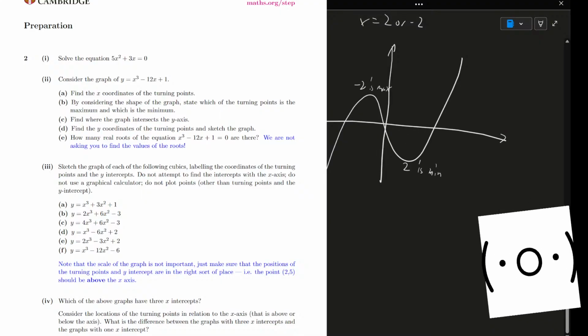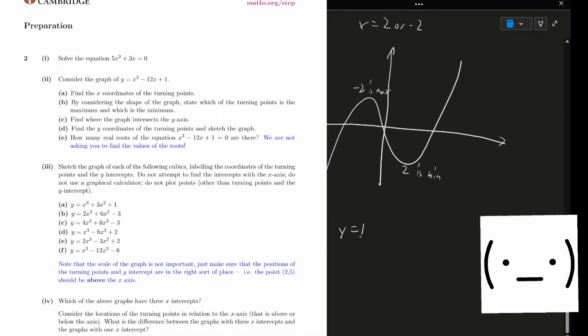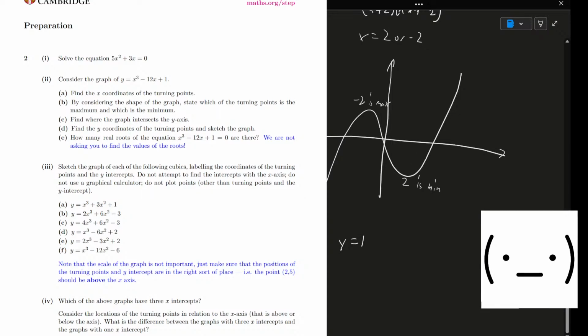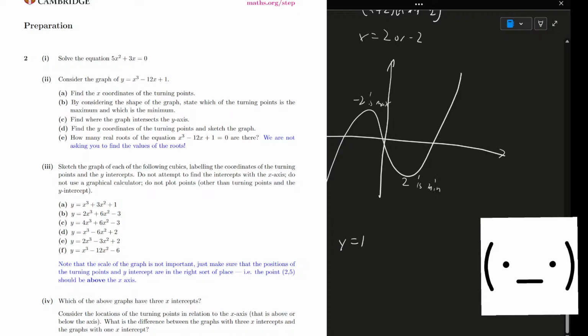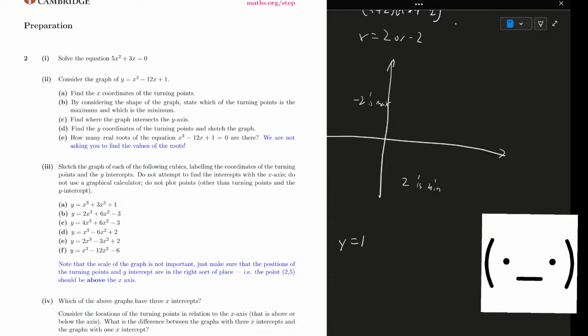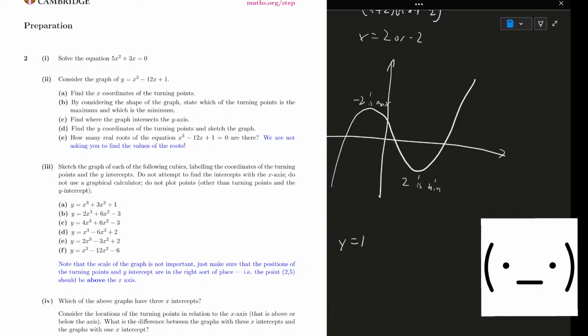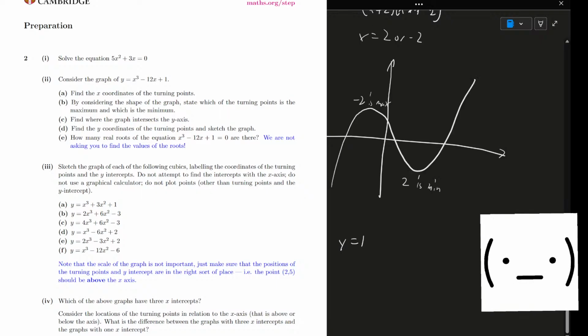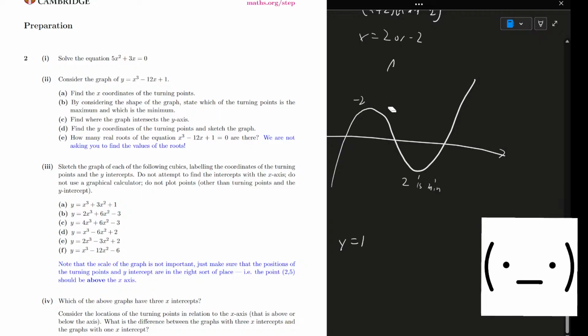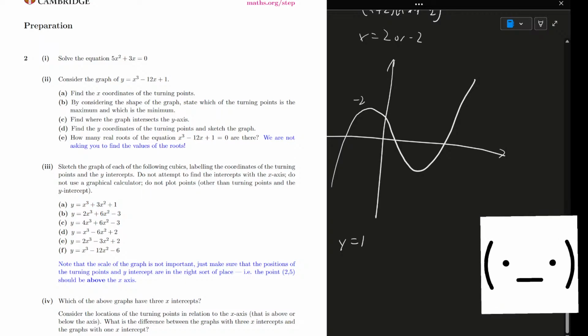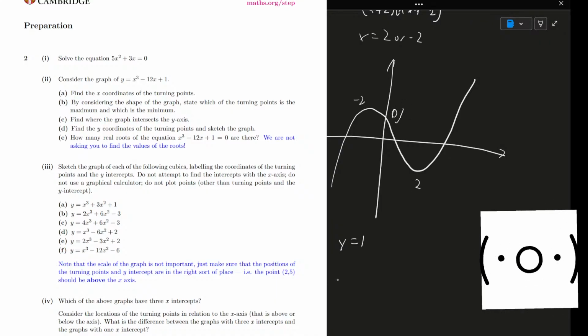Find where the graph intercepts the y-axis. The y-coordinates of the turning points of the graph. Plug in 2.